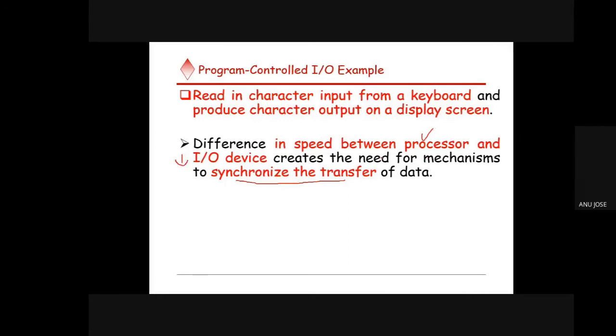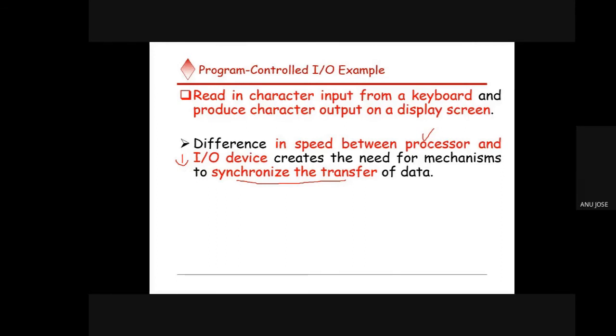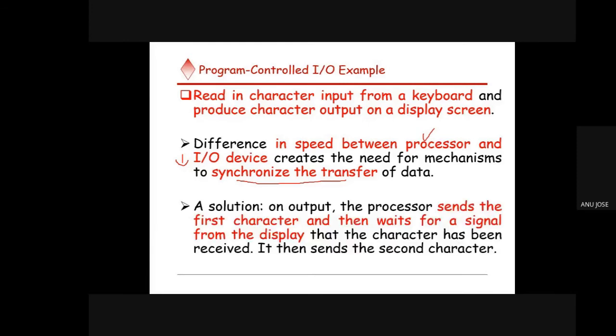The processor may process 1 billion bits in 1 millisecond, while the input output devices transfer only about 1000 bits. So a speed mismatch will be there, and the processor would have to wait for the data from the input device. A synchronization between these devices is required.